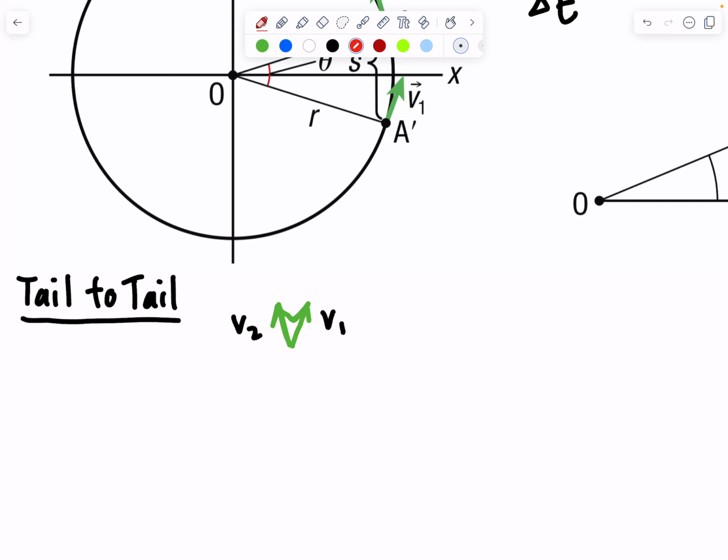That is the line that joins the tip of v1 to the tip of v2, and notice they are tail to tail when we are subtracting vectors, so delta v is in this direction. And we can see that this direction is straight towards the center of the circular path.